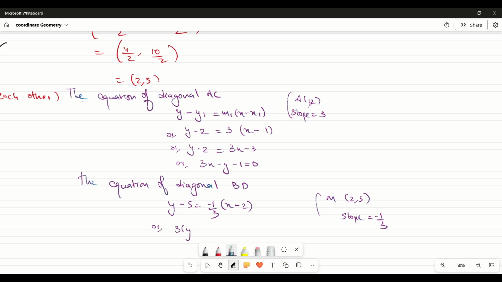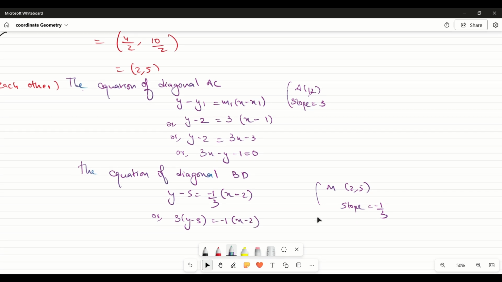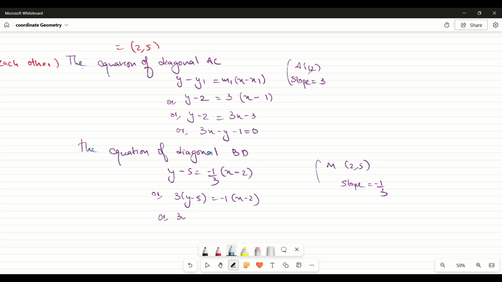So y minus 5 equals -1/3 times (x minus 2), which is 3 times (y minus 5) equals -1 times (x minus 2). It is going to be 3y minus 15 equals minus x plus 2, so x plus 3y minus 17 equals 0. So those are the two required equations of the lines, the diagonals AC and BD.